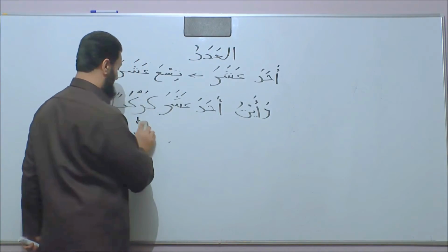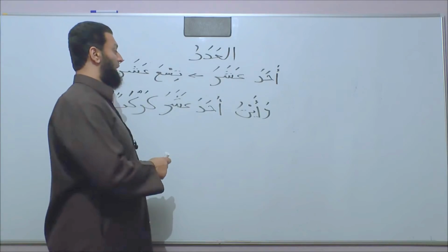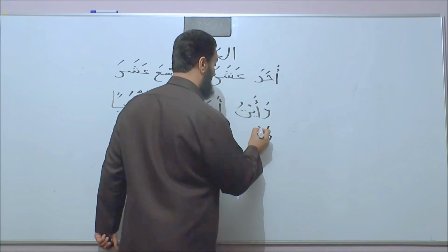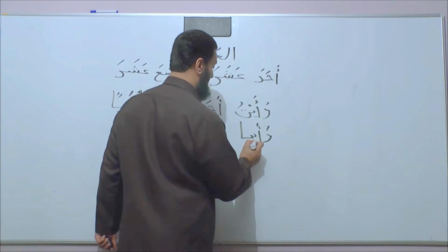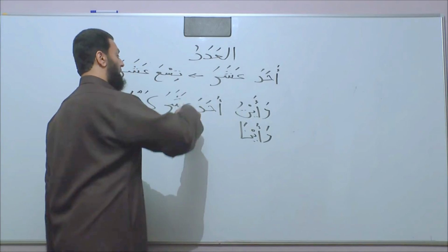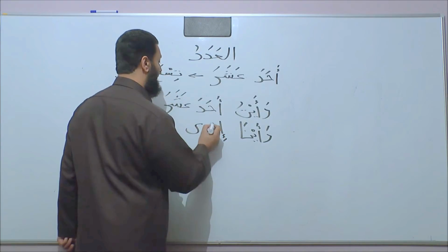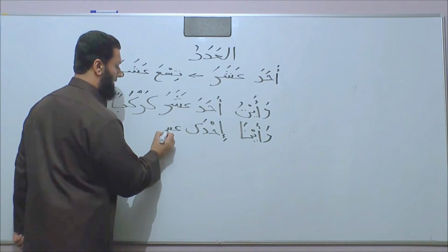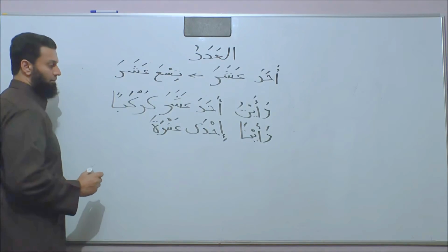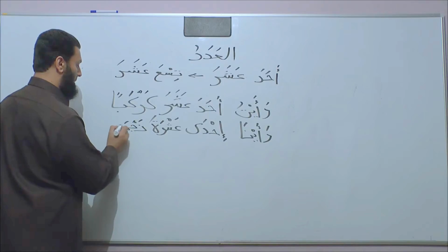So if we wanted therefore to use the other word which is commonly used for star, najmun, if we want to say ra'ayna, now the female version of أحد عشر is إحدى عشرة نجمة.